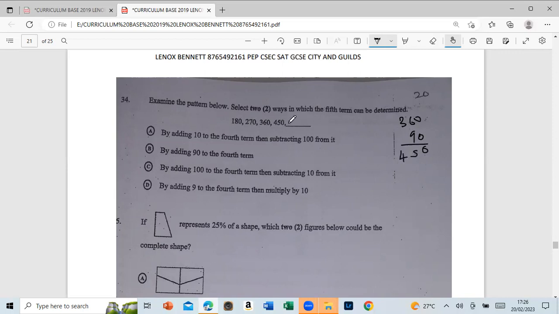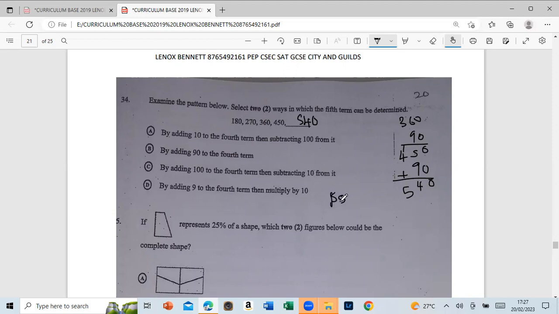So that means that the next number, we could try to find what the next number is. And then we see which one of them can give it, right? So this should be 540. Let us see, if we add 10 to 540, that's 550. 550 subtract 100 is not it.